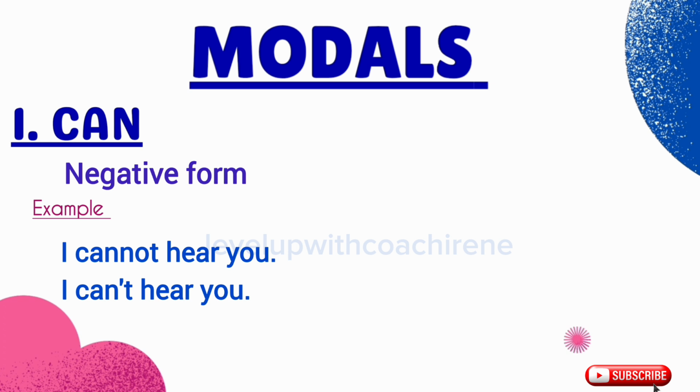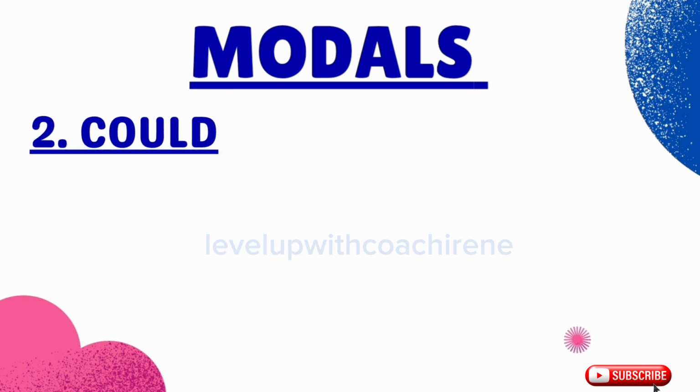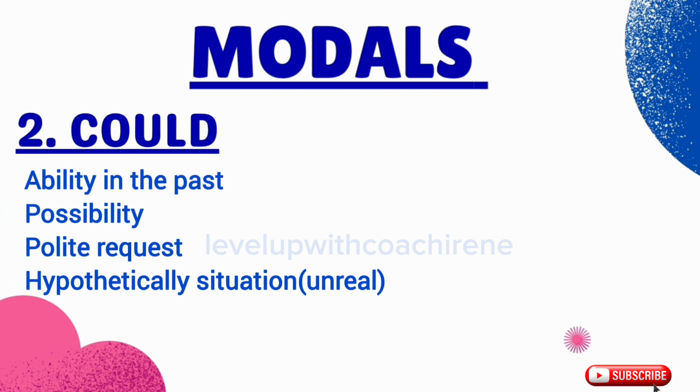Moving on, let's look at could. Could is a modal verb in English that is used in various contexts, including expressing ability in the past, possibility, polite requests, and hypothetical situations. It is the past tense form of can, but it has additional uses beyond indicating past ability.